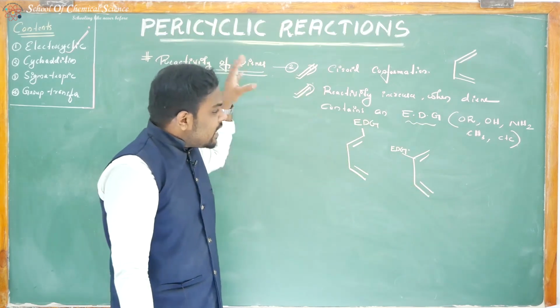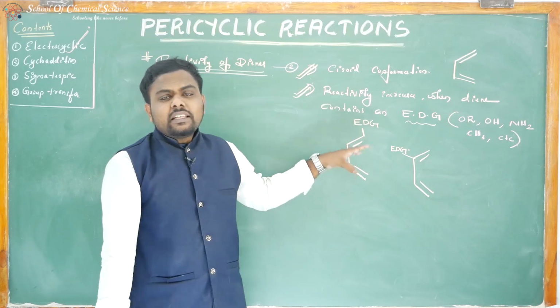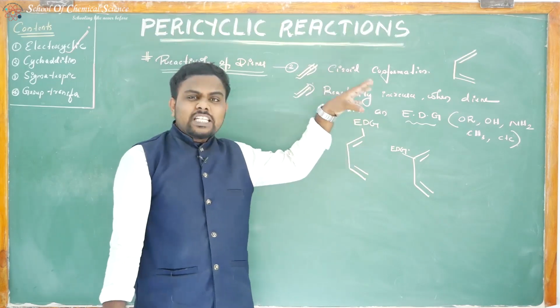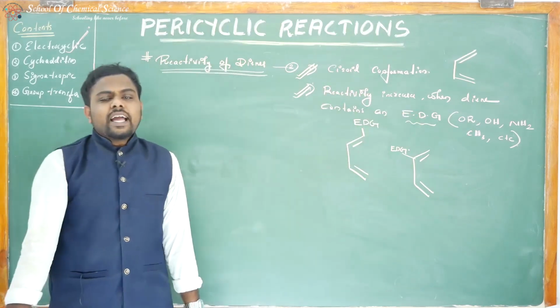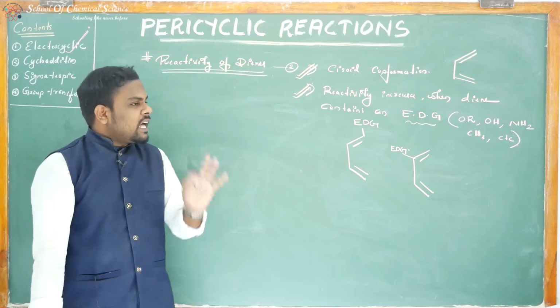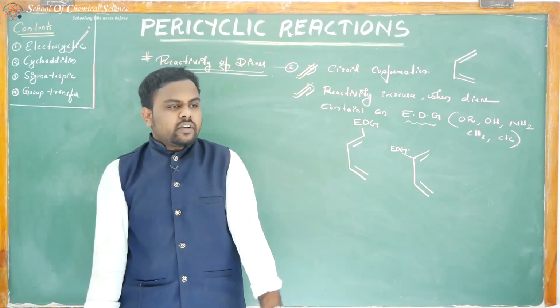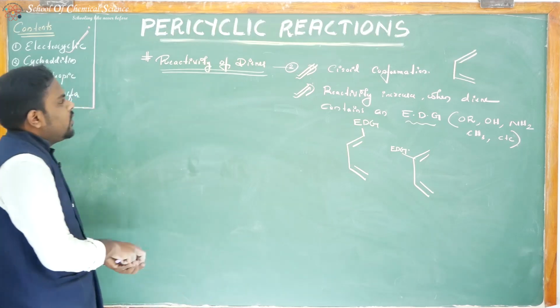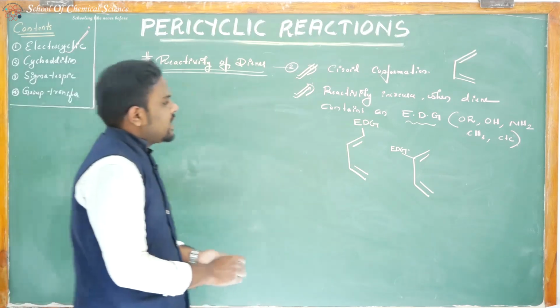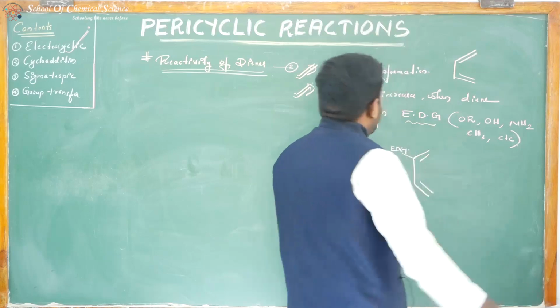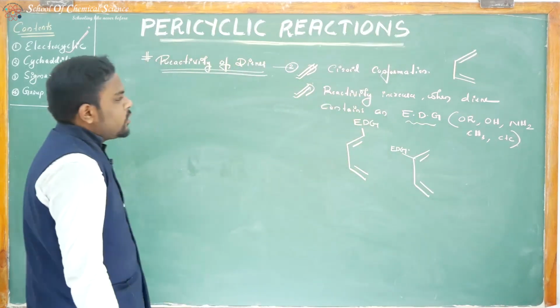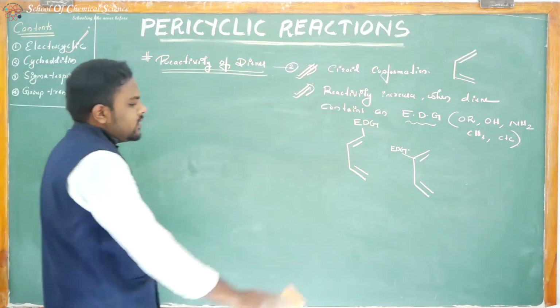That means when an electron donating group is attached to the diene, reactivity is very high. So these are the two important factors: cisoid conformation and the presence of an electron donating group.